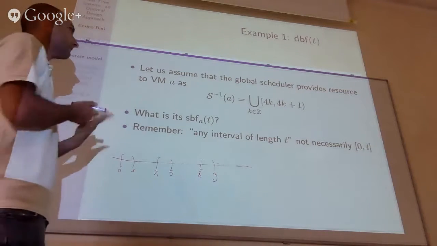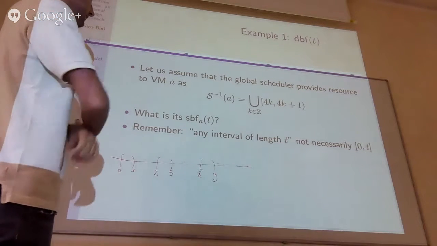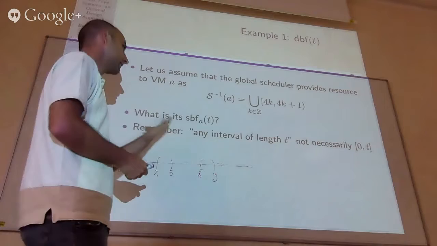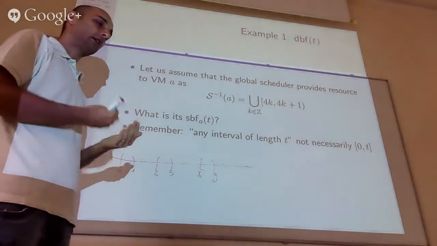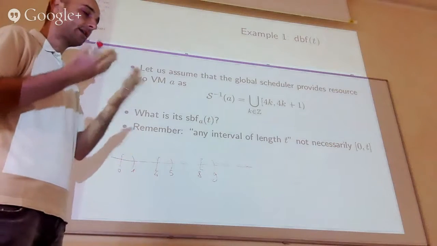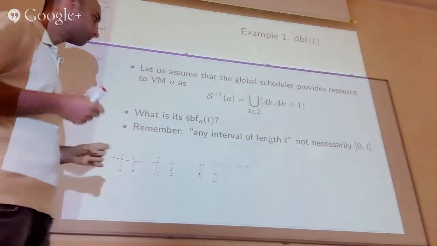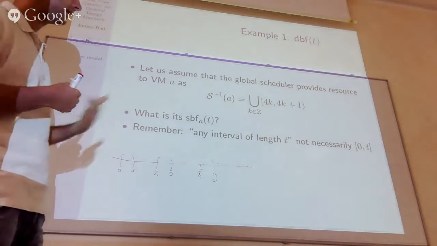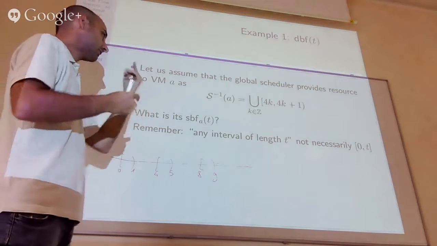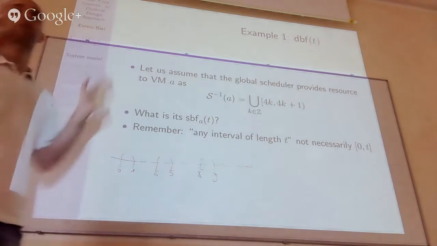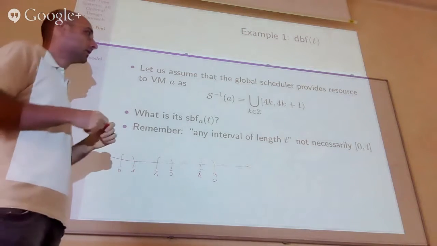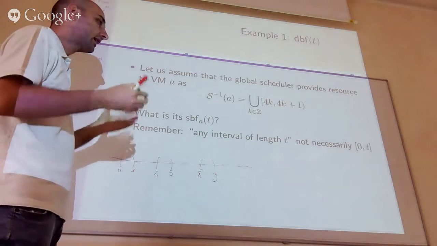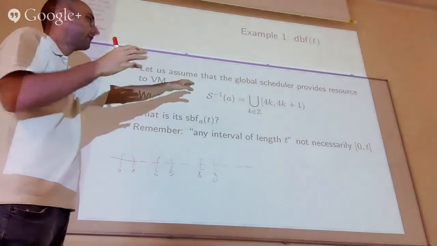What is the supply bound function of A? We have to take the infimum over the set of legal schedules and over T0. Here the set of legal schedules is only one because this is a static partition. The only way to schedule the virtual machine is this one.